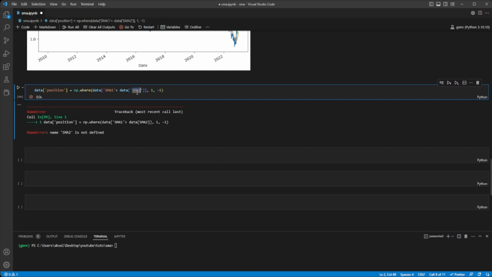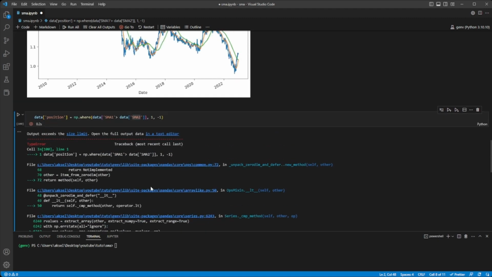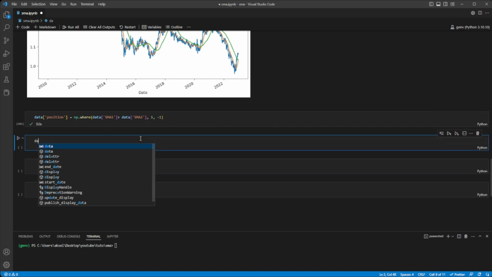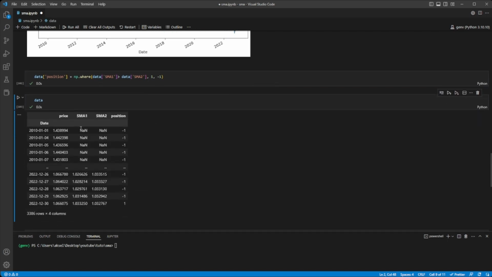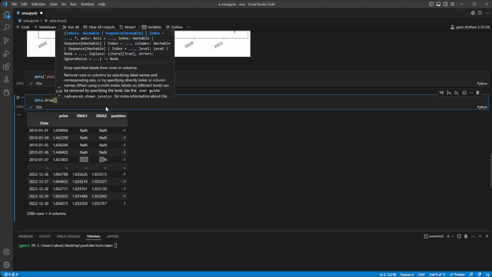Oh, sorry. Invalid. One is float and the other is a string. Oh yeah. Okay, now we have our data. So what we need to do now is drop this NA value.